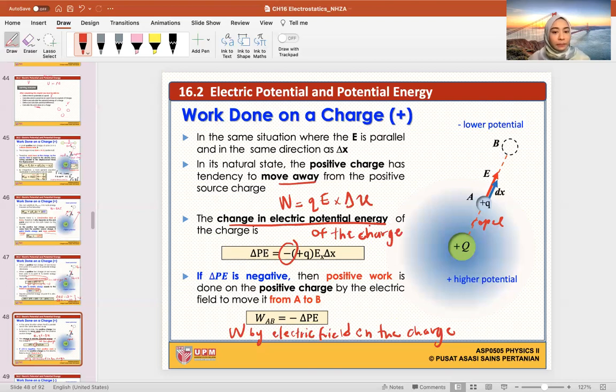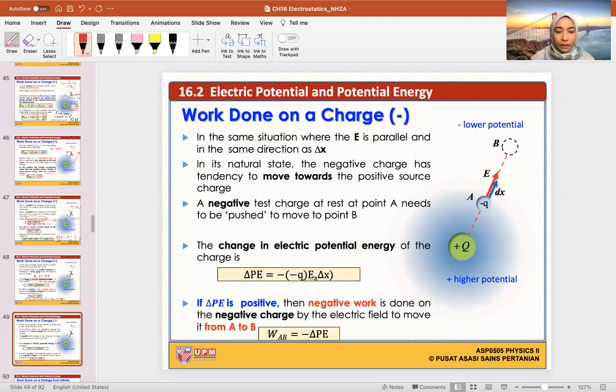What is the work done by the electric field on a charge that is gaining positive potential energy? It is the opposite. So the work done by the electric field on the charge is negative. It's reversed. And work done is by the electric field, PE is related to the charge. Hope that's clear.